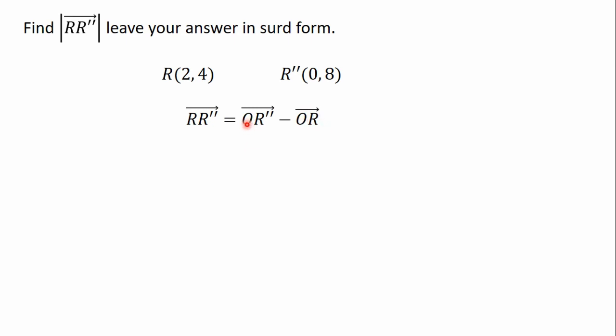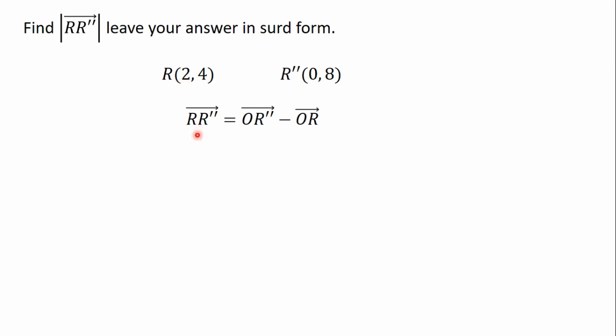The components of the vector OR double prime will be the same as the coordinates of the point R double prime, and the components of the vector OR will be the same as the coordinates of the point R.